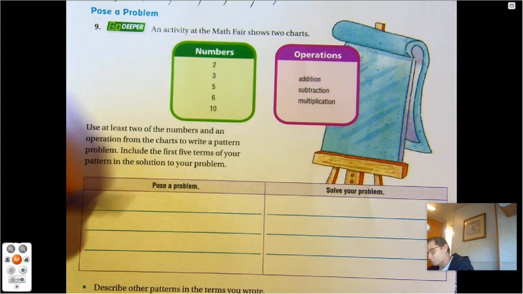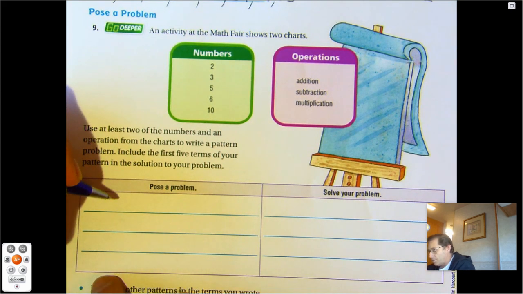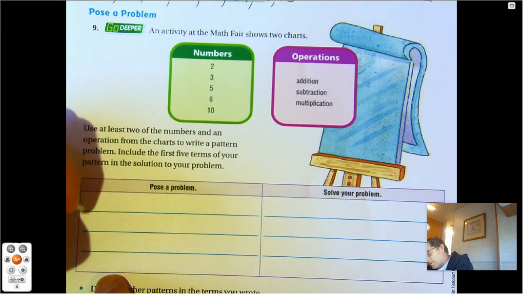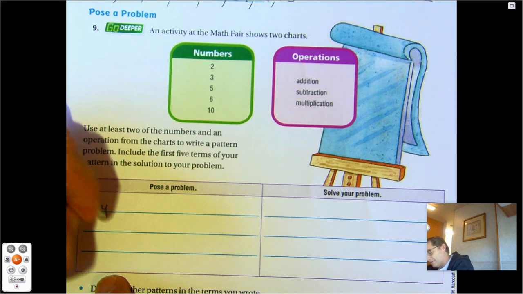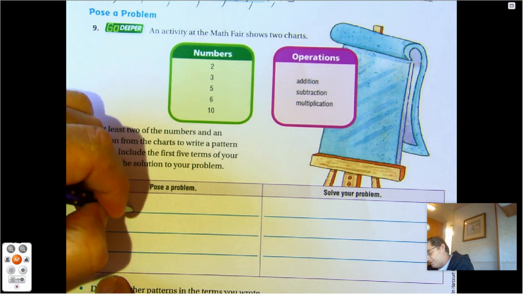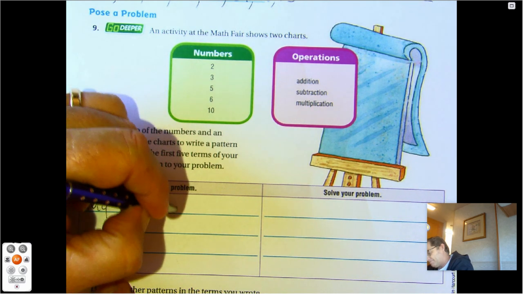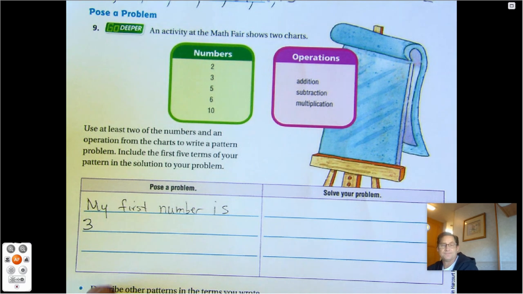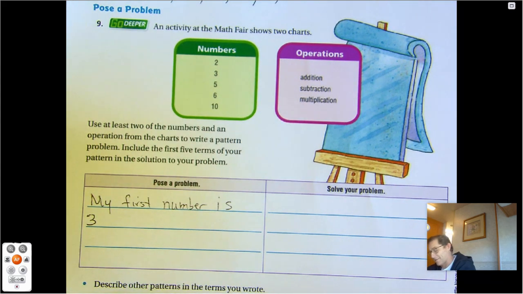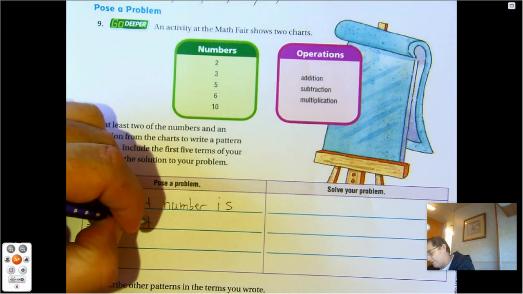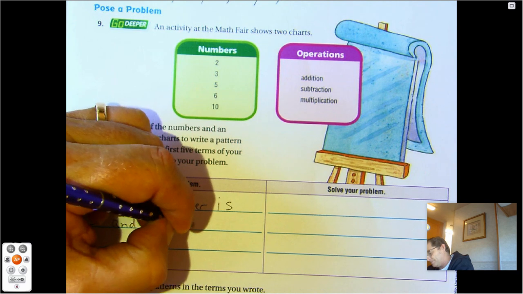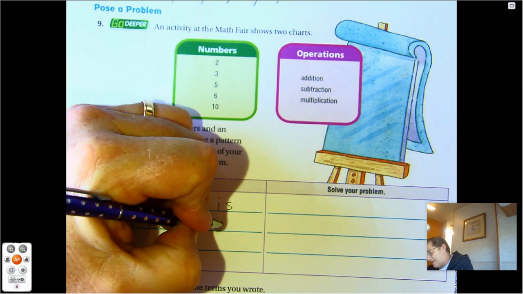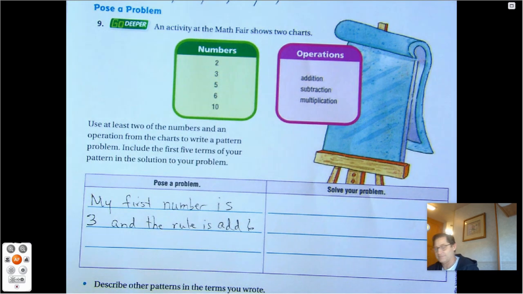Okay. So my first number is 3, and the rule is add 6.